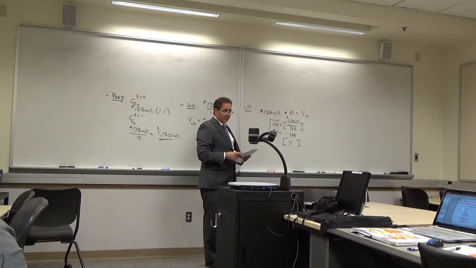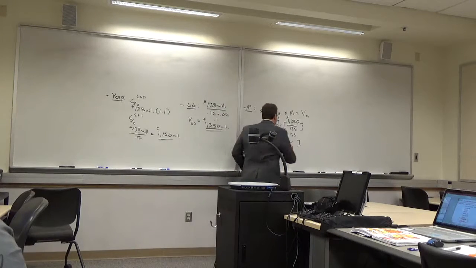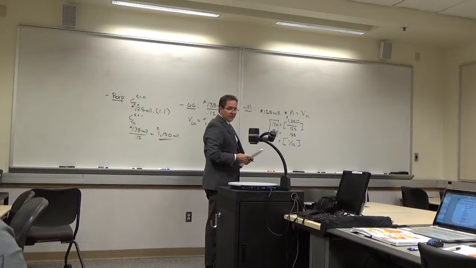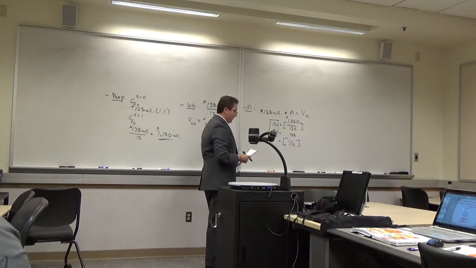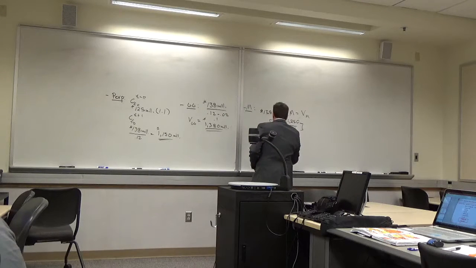What do we use for the discount rate? 0.12. So what's the multiple? 1 divided by 0.12. 8.3. So basically 8 times, okay?